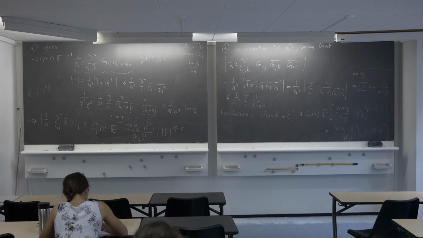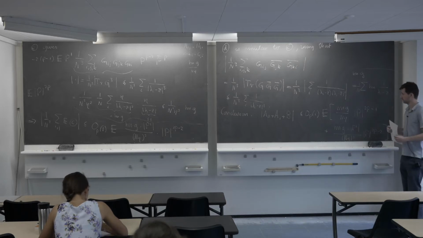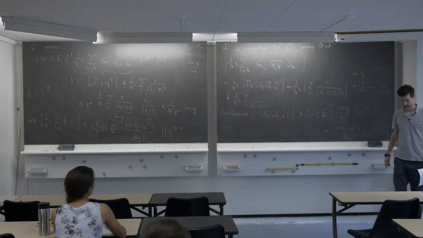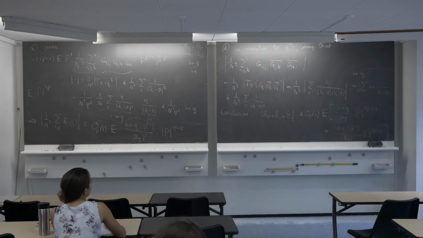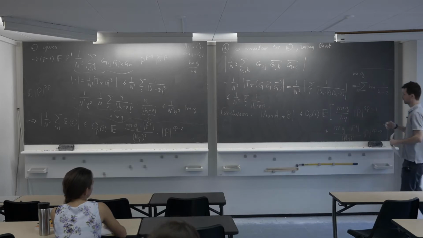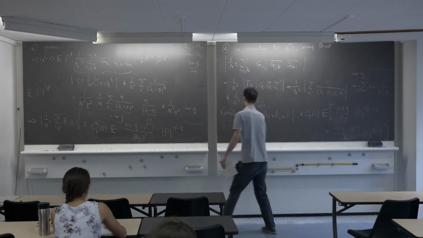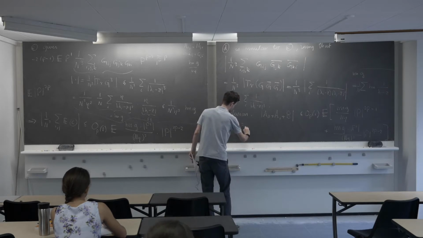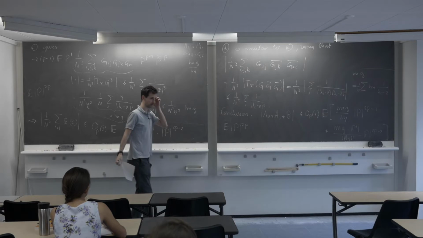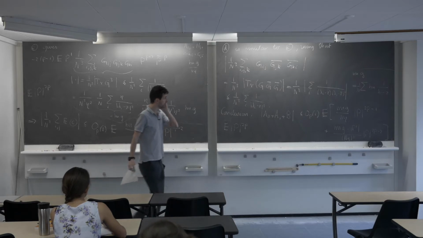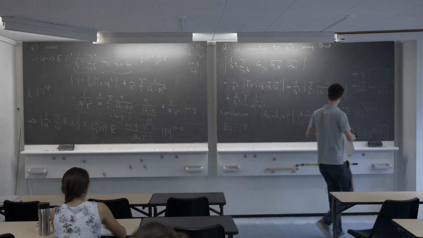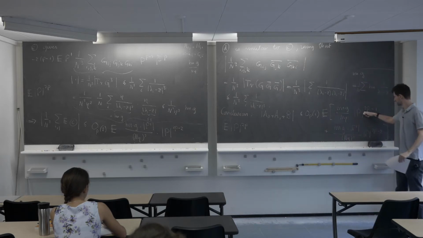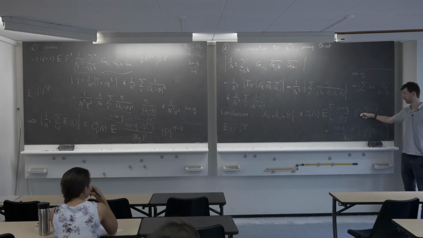So here you see this structure very nicely. In general you will get more terms, which I will explain a bit later, but this really shows you what's going on in this argument. You replace the main terms in the estimate of the expectation of the absolute value of p to the 2p, and you get the expectation of the same kinds of moments, except you reduce the exponent of p.